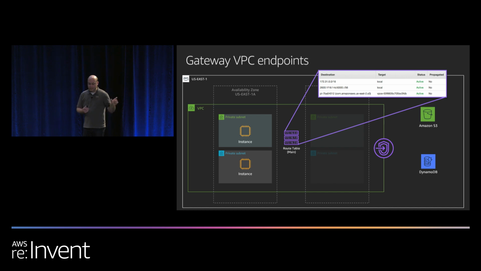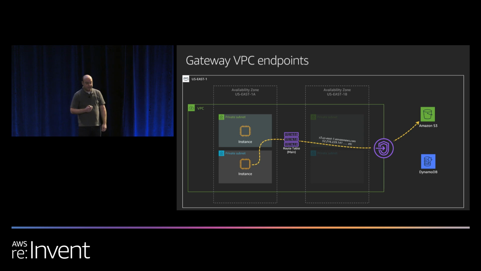I can define that prefix list that describes S3 with a next hop of that gateway VPC endpoint that I've defined for S3. As a result, when the request is made to DNS, I'm still receiving that public IP address, which is contained in that prefix list, with a next hop pointing to my VPC endpoint. The traffic flows to Amazon S3. Gateway endpoints are only available for Amazon S3 and for DynamoDB.